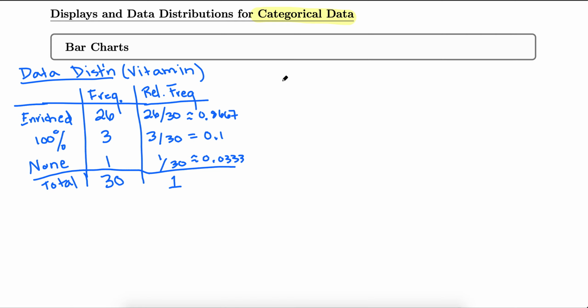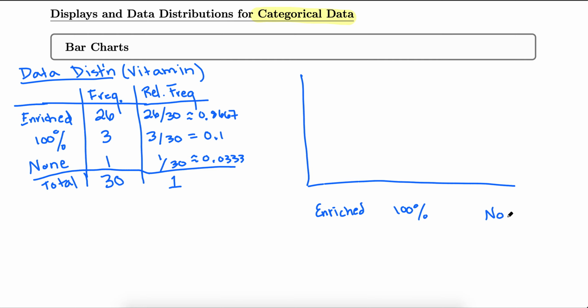So for our bar chart, we're going to put our categories on the horizontal axis. So I've got enriched, I've got 100%, and I've got none. Again, all those categories, let me label this axis here.